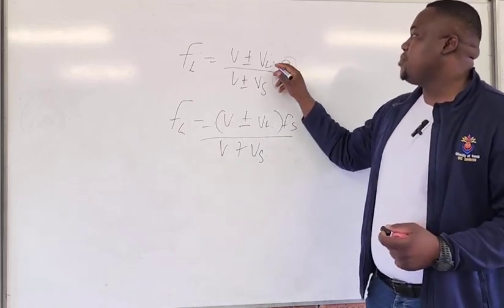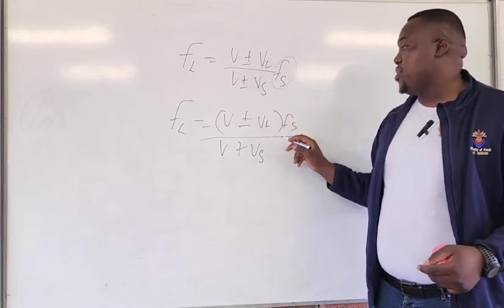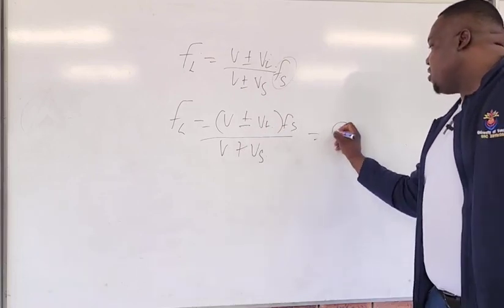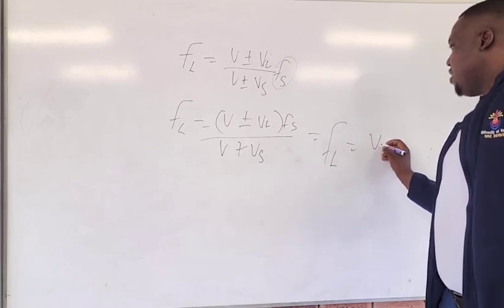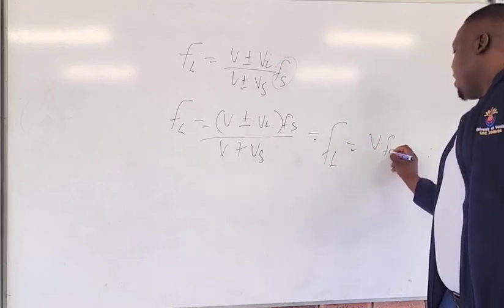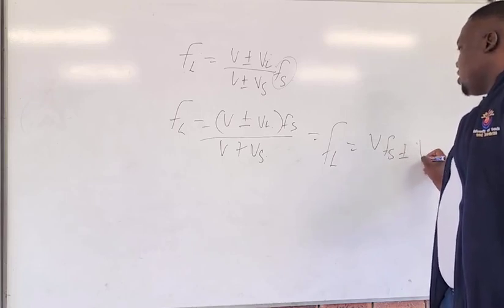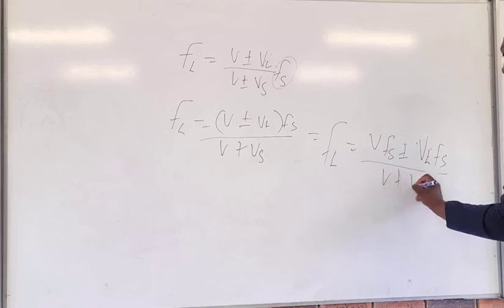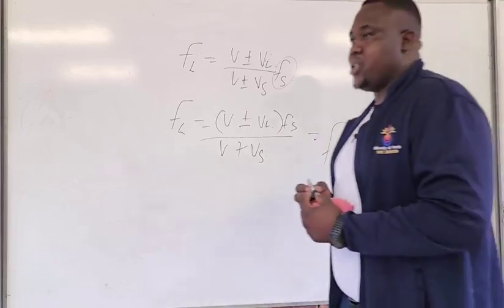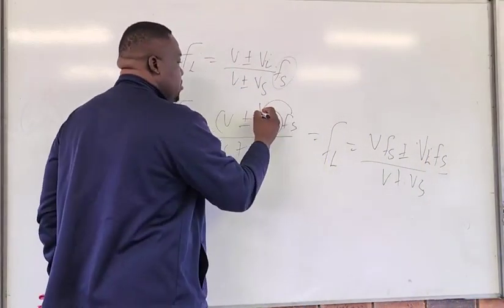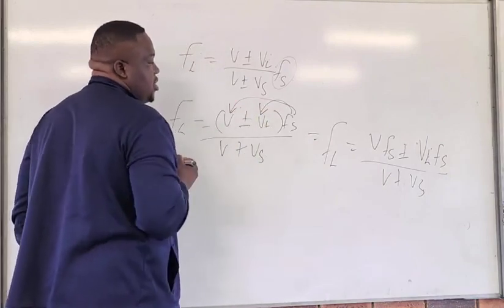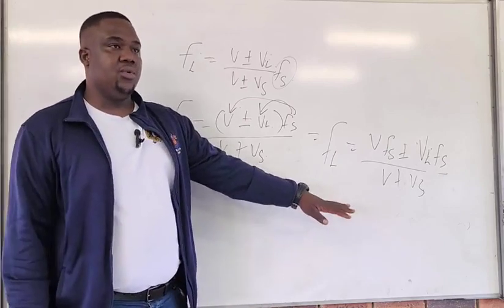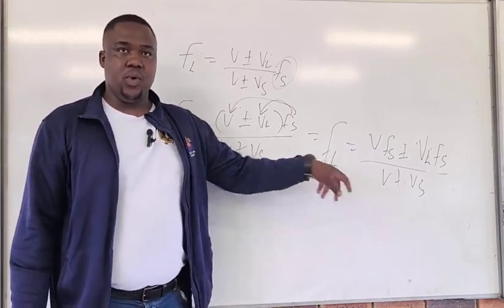This Fs is multiplying with everything that is in the numerator. We can even say that the formula is like Fs plus or minus Fs over V plus Vs. That's what the formula is. This Fs must multiply with everything that is in the numerator. This is what you will need when you are solving questions.